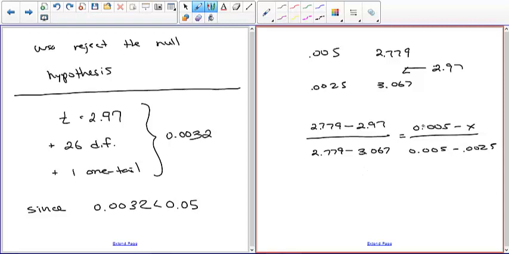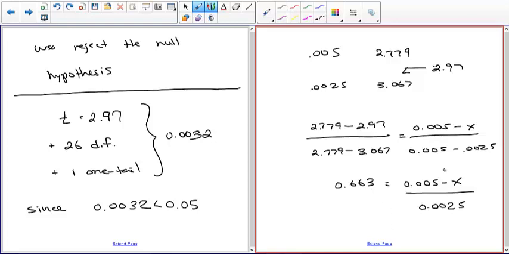And so let's do these calculations. The left-hand side, 2.779 minus 2.97 divided by 2.779 minus 3.067, I get 0.663. On the right, 0.005 minus 0.0025 is 0.0025.